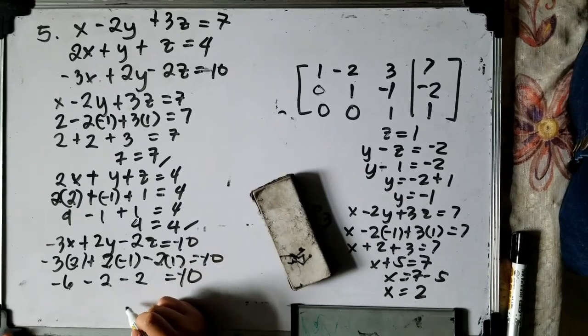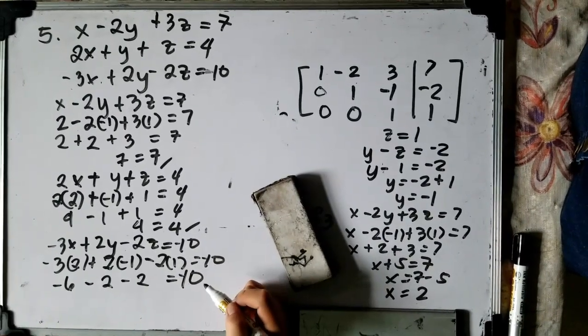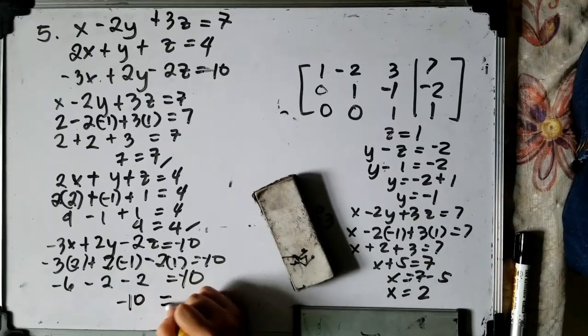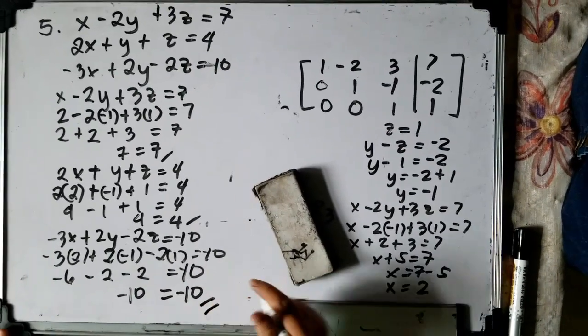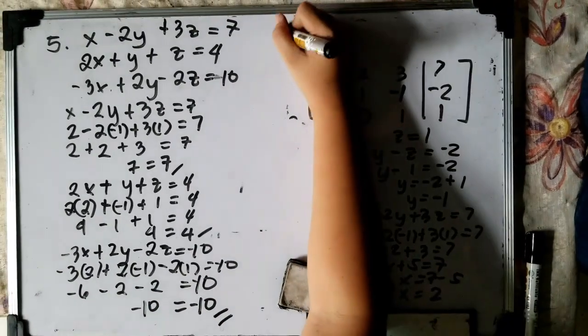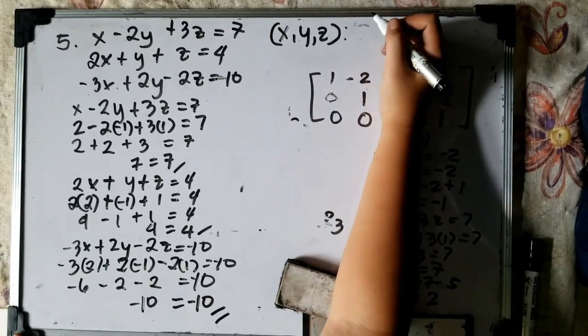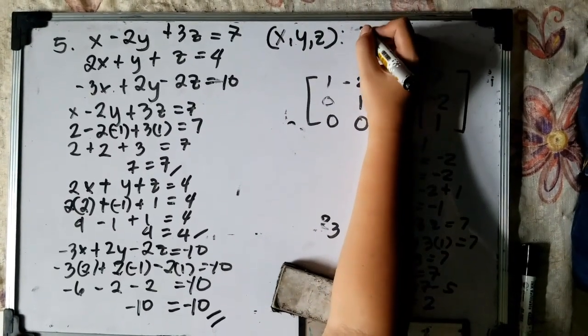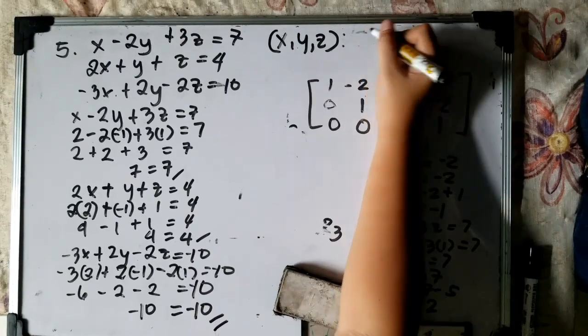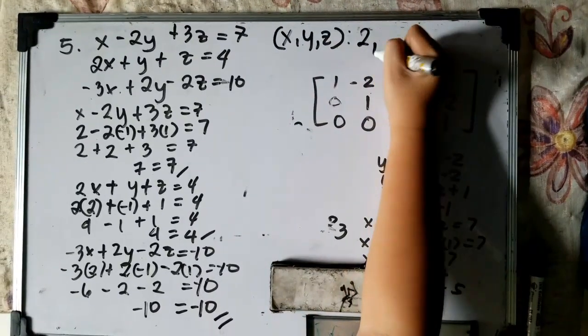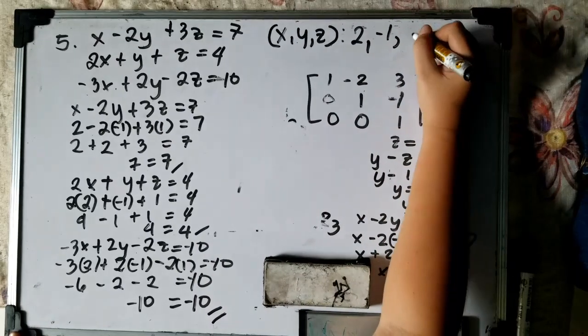Negative 6 minus 4 is negative 10. So, therefore, the x, y, and z values prove that it is correct by our three equations. So, x is 2, y is negative 1, and z is 1.